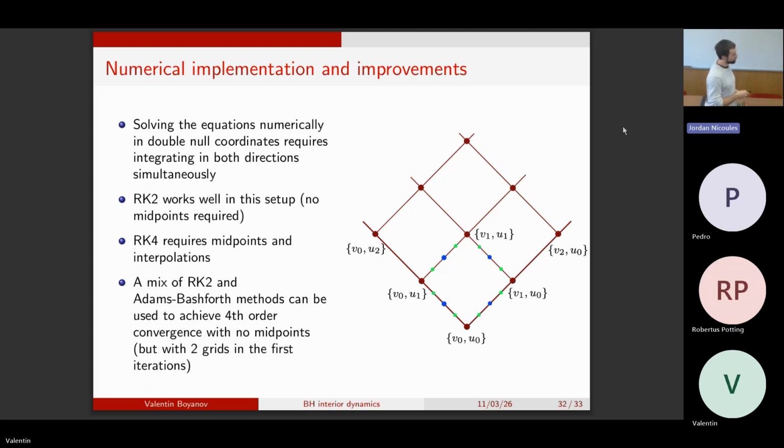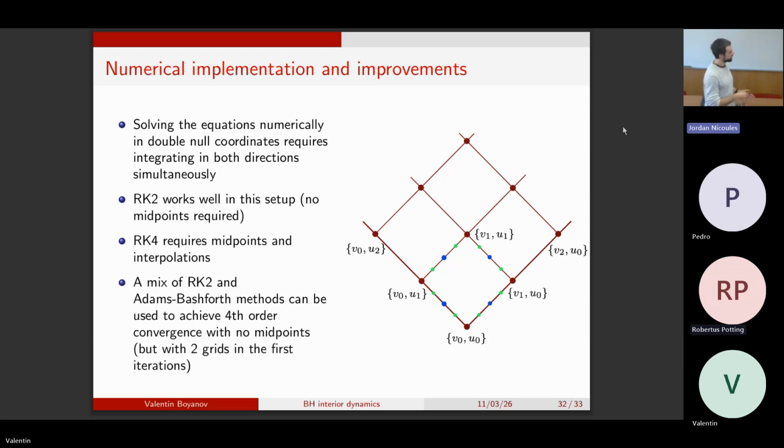And for that, you can do it simply because you don't need midpoints between your grid points in the numerical evolutions. But for higher order convergent codes, you would need midpoints. And calculating the values of the functions at those midpoints becomes tricky if you need to evolve things in both directions. And we've made some progress in that.